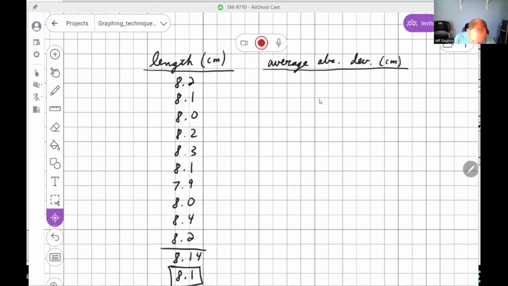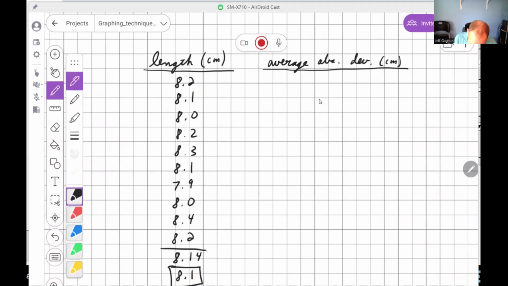So to calculate that, you take each value, so I'll start with 8.2, I subtract the mean, 8.1, and then since I want the absolute value, I need to take the absolute value of that difference. Well, we know 8.2 minus 8.1 is 0.1, and the absolute value of positive 0.1 is still positive 0.1. So this will be 0.1.